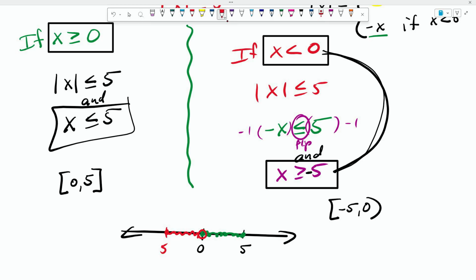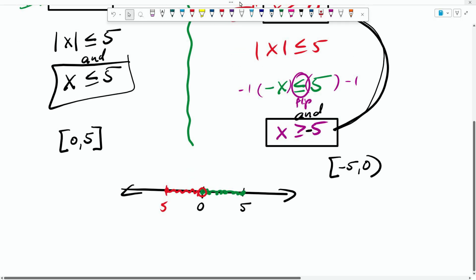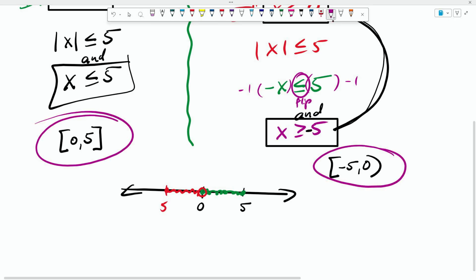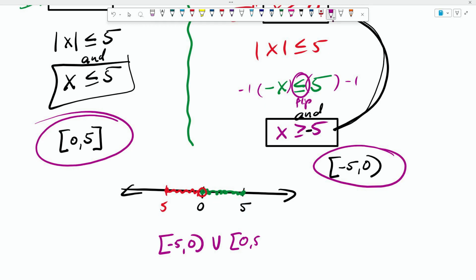So the inequality's solution set is this and this combined. So it's negative 5 to 0 union 0 to 5.